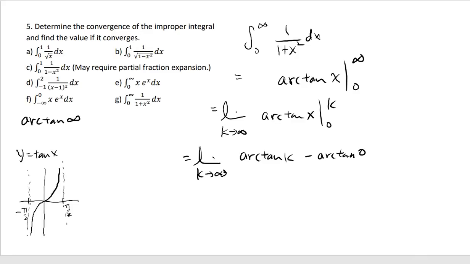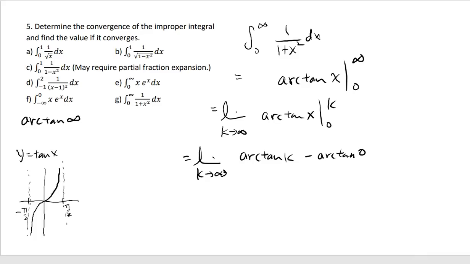But when you try to define the arctangent of x, you only take the tangent x from negative pi over 2 to pi over 2. And then you use this to define the inverse function, which we call arctangent of x.